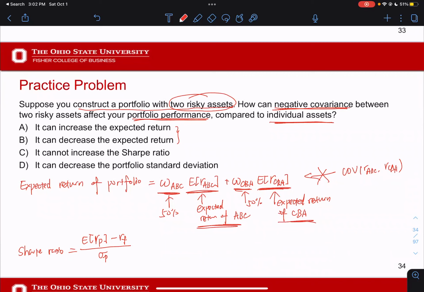Then, because D is right, it can decrease the portfolio standard deviation, so it can increase the Sharpe ratio, because this term is mostly depending on the expected returns. Okay.